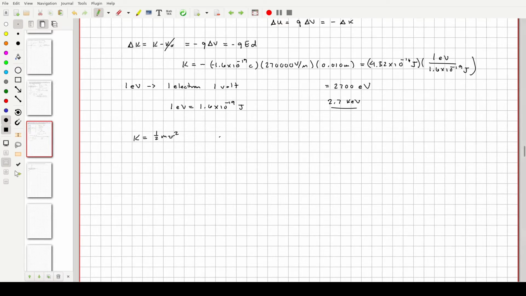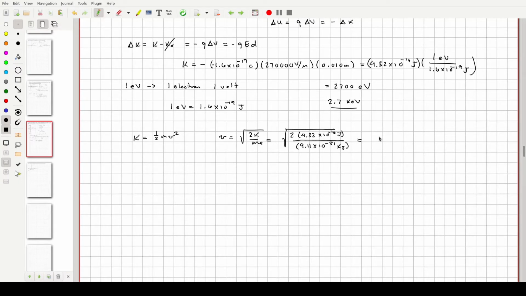We just want v, so v here is going to equal the square root of 2 times k over m, or the square root of 2 times, k is 4.32 times 10 to the minus 16th joules, and m is the mass of the electron, which is 9.11 times 10 to the minus 31st kilograms.